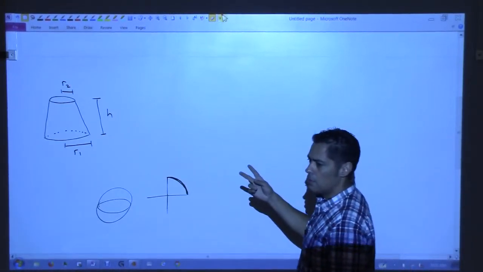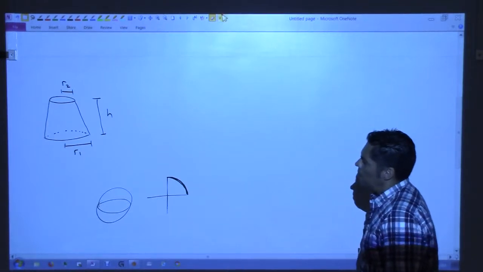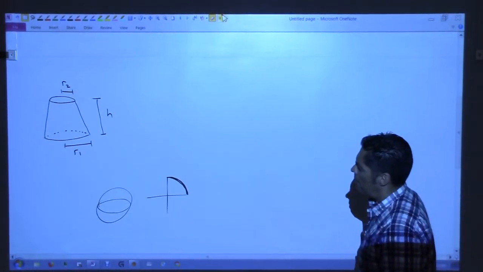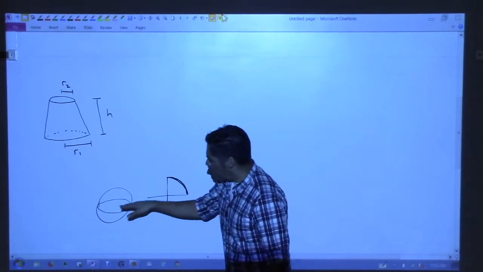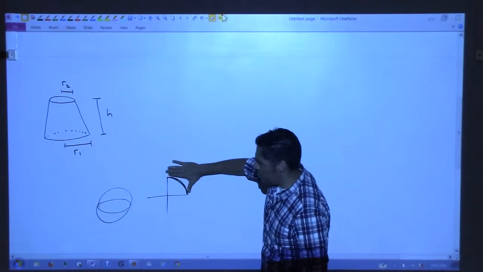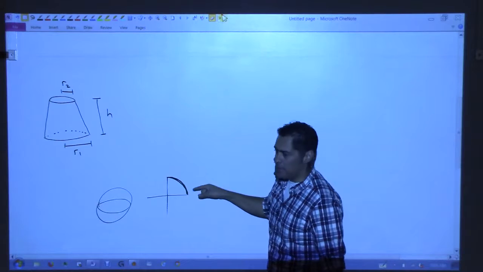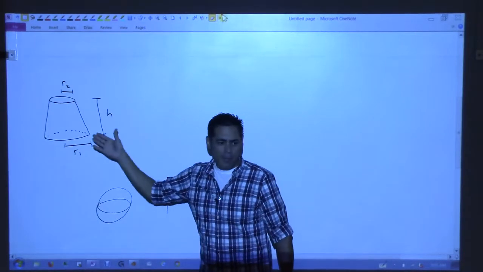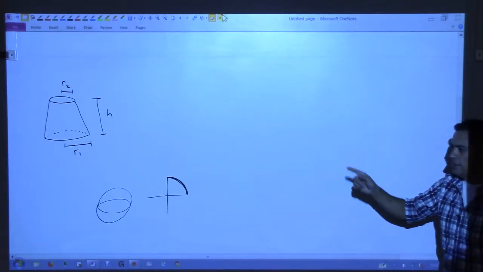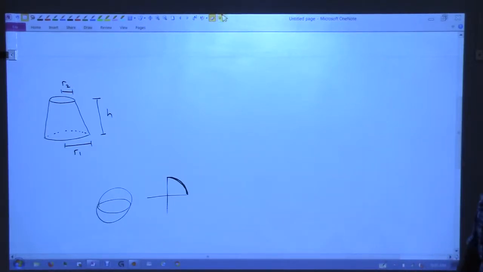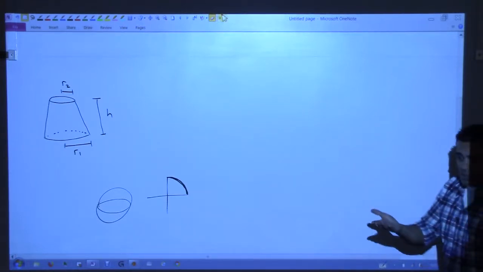Let me rephrase the question. To get the volume of the sphere, we wrap this quarter circle around the x-axis. What could we wrap around the x-axis to get the volume of that? Geometrically, how could we get it? Some sort of line? Just a line, yeah, right?